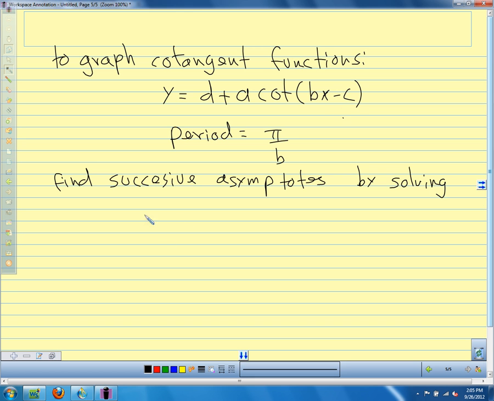We're going to solve bx minus c equals 0 and bx minus c equals pi. So because our asymptotes are multiples of pi, we solve bx minus c equals 0 and bx minus c equals pi for the cotangent. That's going to give me my successive asymptotes. The x-intercept is halfway between these asymptotes.